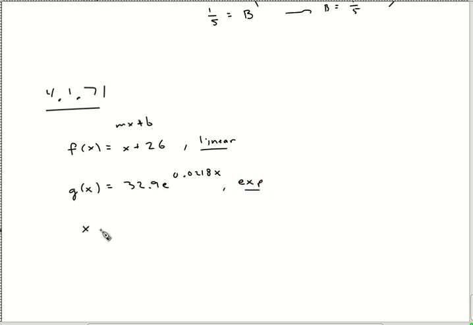They say that x is years after 1980. There we go. There, that's better. And we're looking right now at the year 2010. Okay, well, if that's the case, what's x equal to here? It's 30.